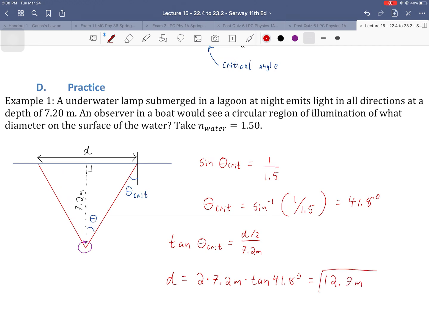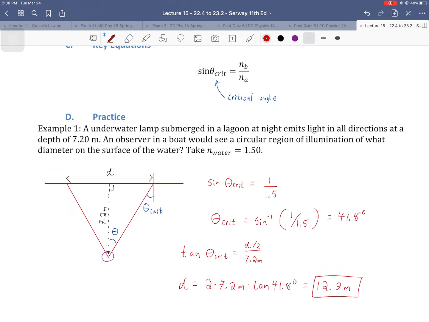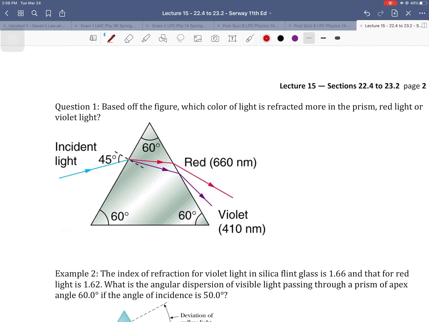Okay, so that would be the diameter of the light circle as seen from the surface, or from someone in a boat. Okay, so that's example 1.